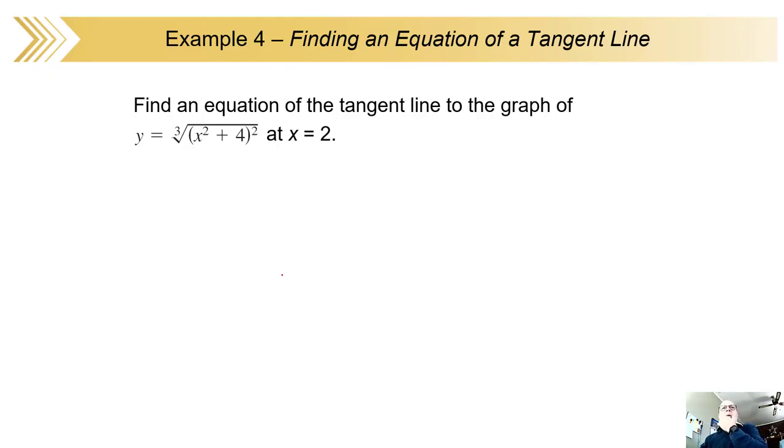Here's an example. Now here we are back with the tangent line thing again, but remember, if we want to find the equation for the tangent line, we need to find the slope. And it tells us where we're going to find the tangent for. So we're going to have to find the slope.